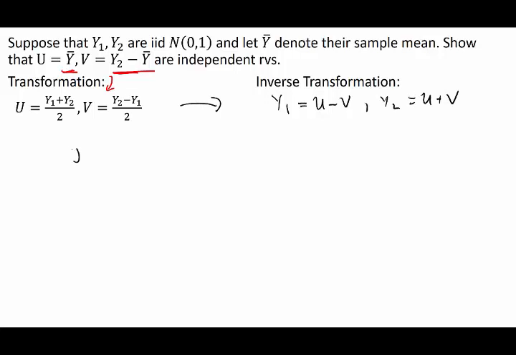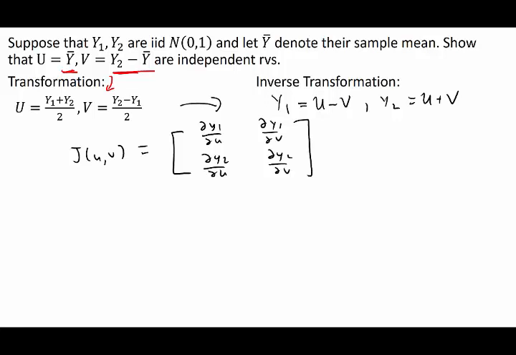Now, using this inverse transformation, we can calculate the Jacobian matrix containing all the appropriate partial derivatives. So the first row we have dy1/du and dy1/dv, and the second row we have dy2/du and dy2/dv. And again, I really encourage you to check out that 3Blue1Brown video to get some motivation about where all these different partial derivatives are coming from.